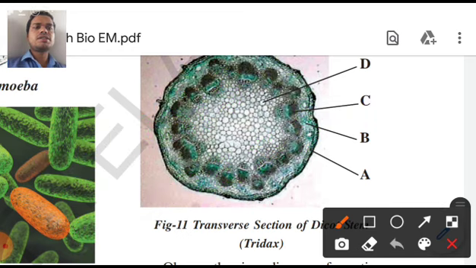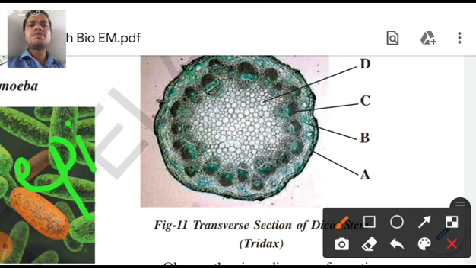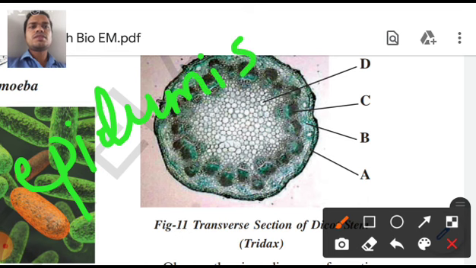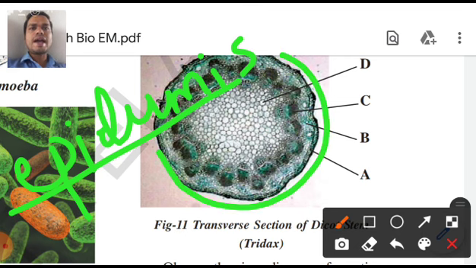Now we are calling this epidermis. Derma means skin. Epi means outer. Dermis means skin. So any layer that is present on the outer portion of any plant body and acts like skin is called epidermis, the outer skin-like layer.